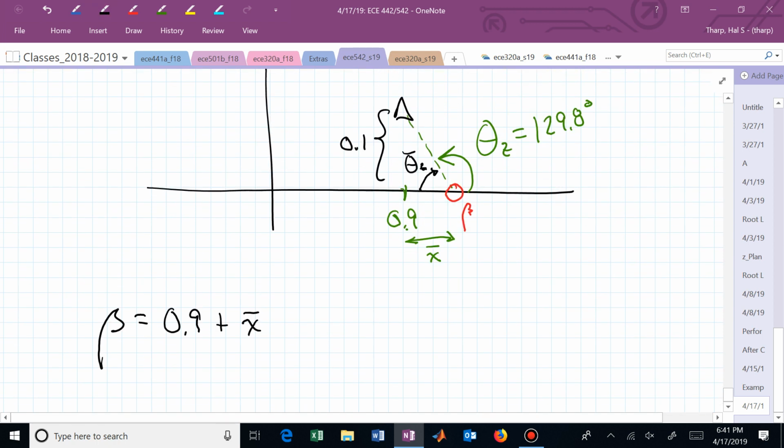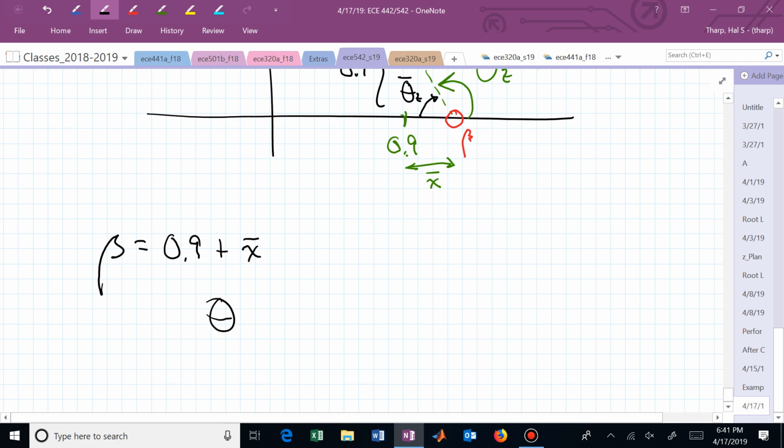Boy, they're not doing very well with resolution on my drawing, but this is now theta z bar. Theta z bar is now 180 degrees minus theta z, or this is now 50.194 degrees.